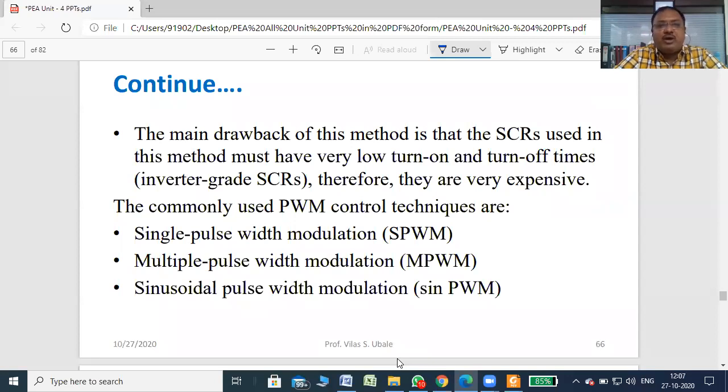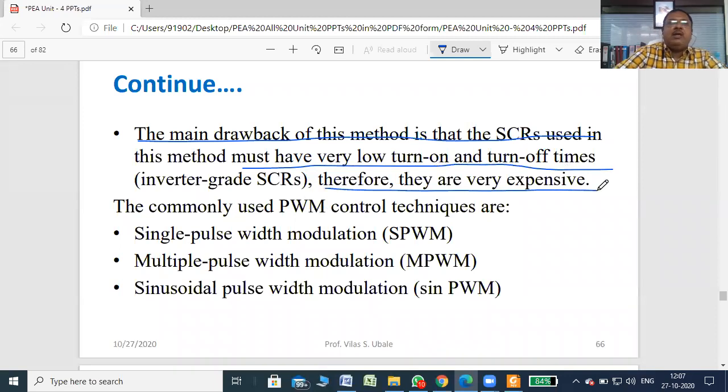Okay, the main drawback of this method, and a very big drawback, is that such types of SCRs are definitely costly. SCRs used in this method must have very low turn on and turn off time, and if you want very low turn on and turn off time, such types of SCRs are expensive. Even the cost of an SCR does not depend only on the power rating, it also depends upon turn on and turn off time, right?